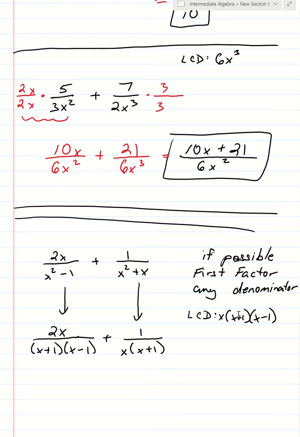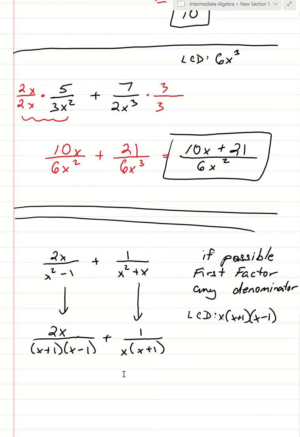X plus 1 is already there. So once again, the lowest common denominator is made up of each different factor that makes up the denominators. So that's why I need to have the x plus 1, the x minus 1, as well as the x, because those are all different factors.